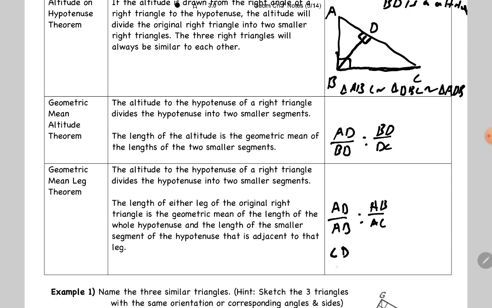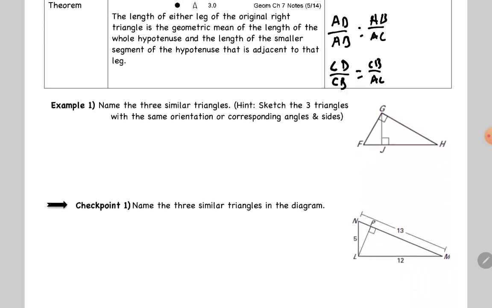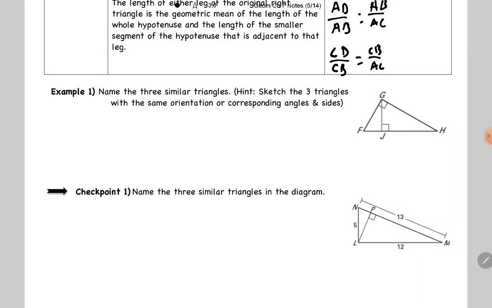CD over CB equals CB over AC. So let's go ahead and try to do some examples.